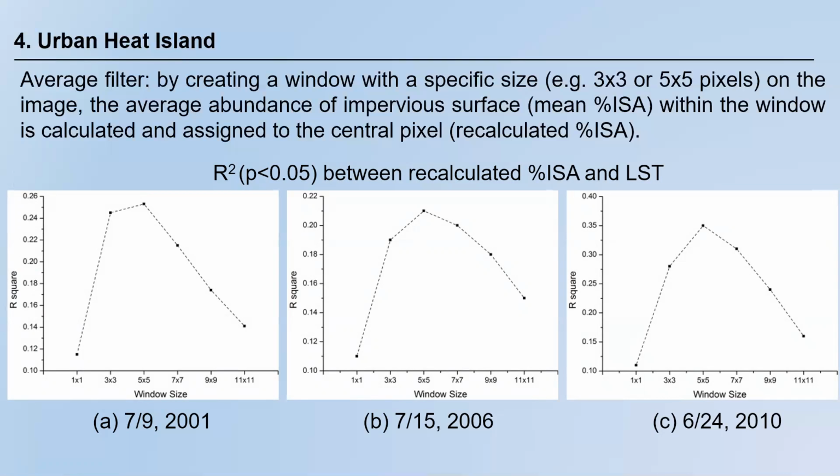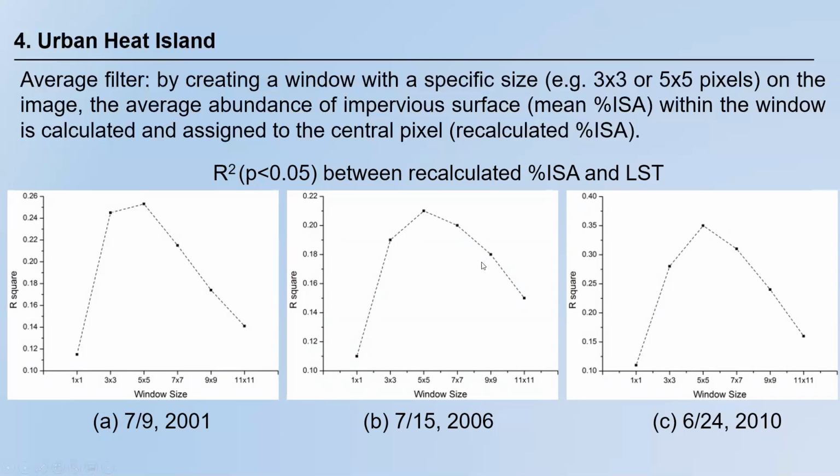But it's not always a good thing to do that, because if the neighbor is defined as a very huge one, some pixels may not have impact on the central pixel, and you actually used a very huge window to include those pixels into your calculation. That will actually lead to a less accurate correlation between land surface temperature and percentage ISA.